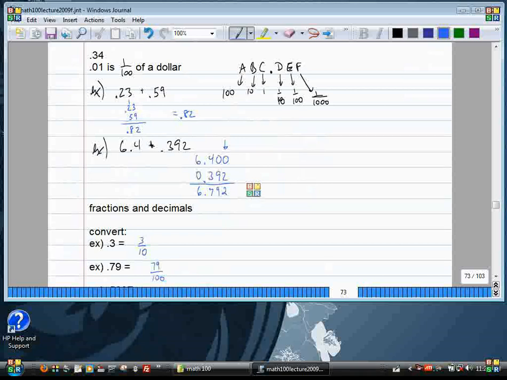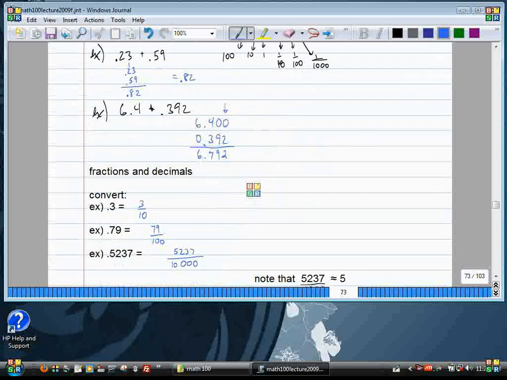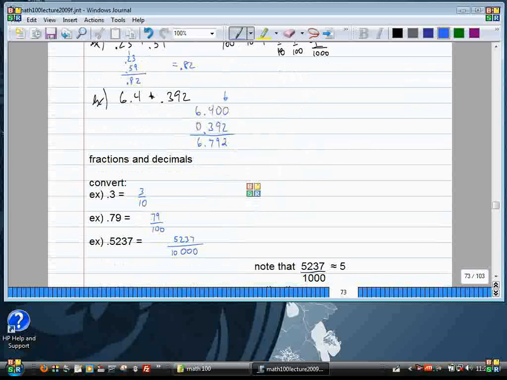So 0.5237. Over what? Okay. So a common mistake here is to say, oh, I've got 4 decimal digits, so it's going to be over 1,000. But that's not right.